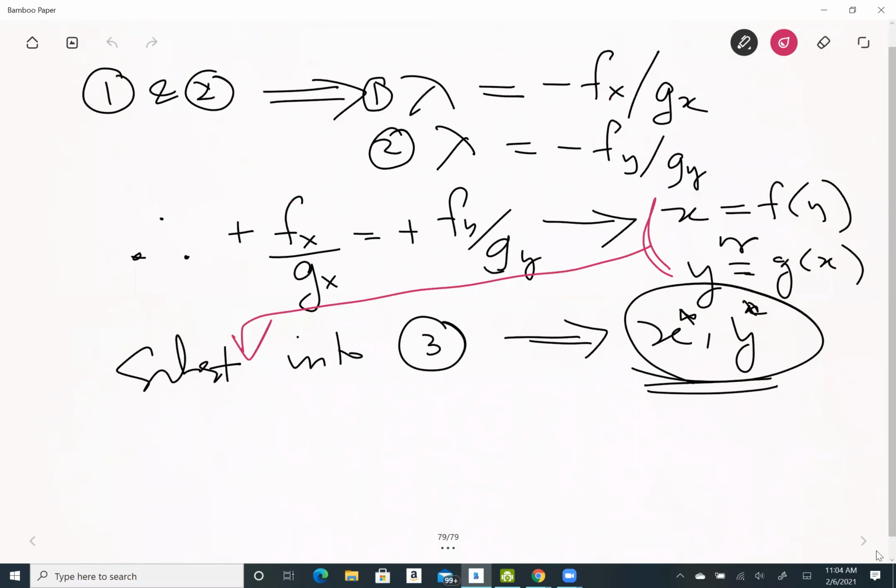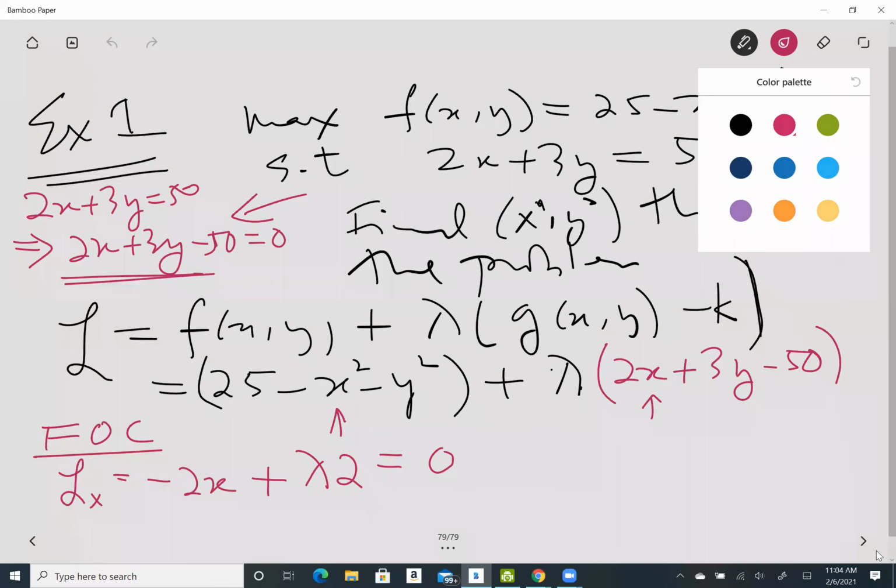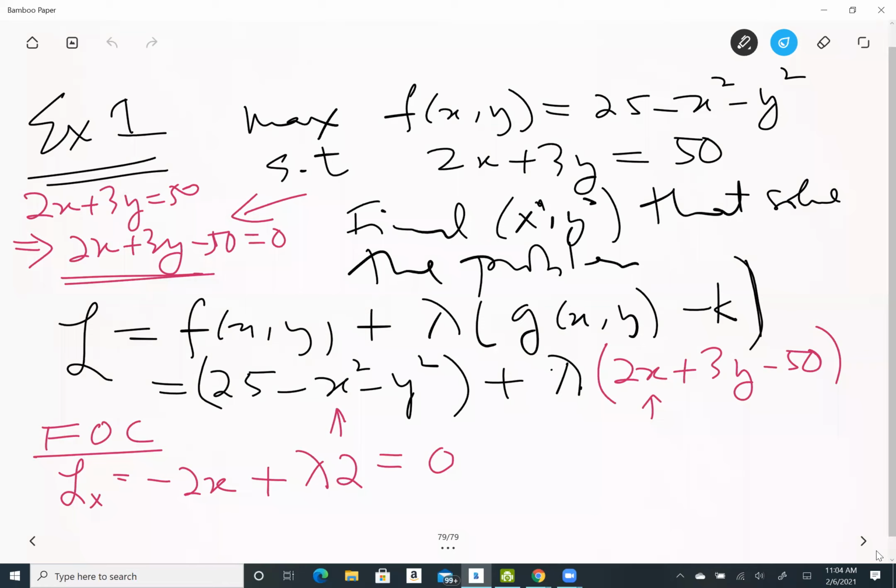So think of it as the coefficient of the 2x. So lambda is a variable, all right? One way to think of it that can help you get the idea is to multiply out first. So here you have lambda 2x plus lambda 3y minus lambda 50.